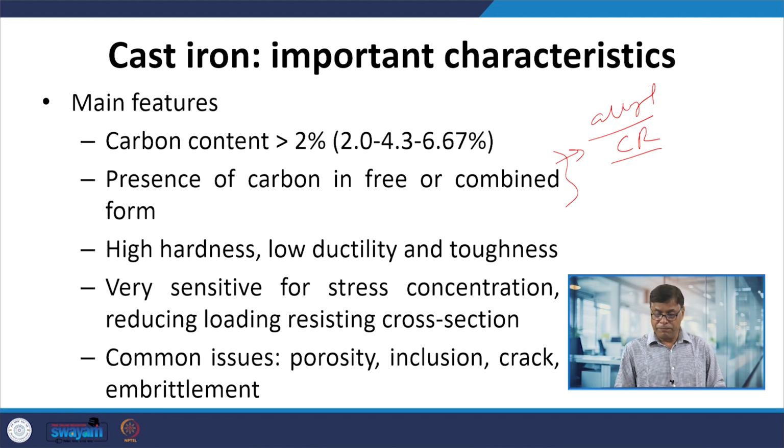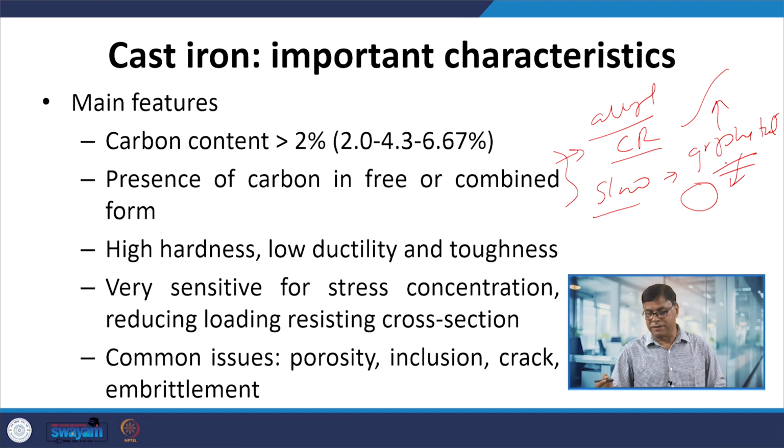If the cooling conditions are slow, it usually promotes graphite formation, a common word for which is graphitization. The graphite may be in the form of flakes or nodules, so the geometrical feature of the graphite dictates the type of cast iron.